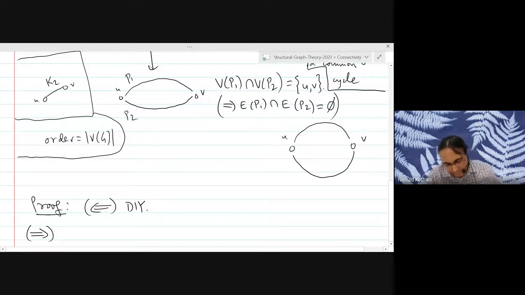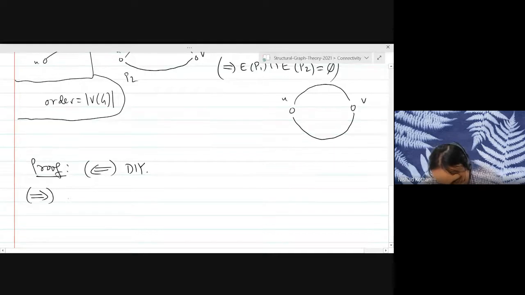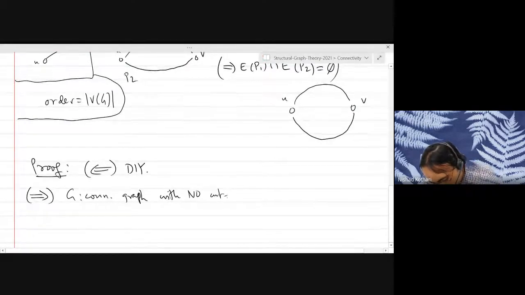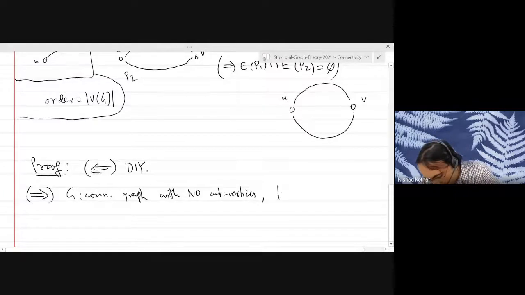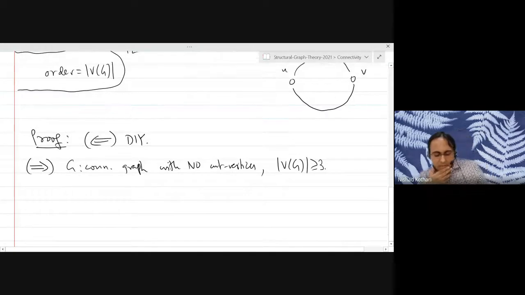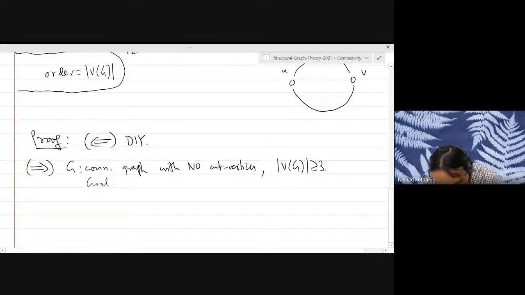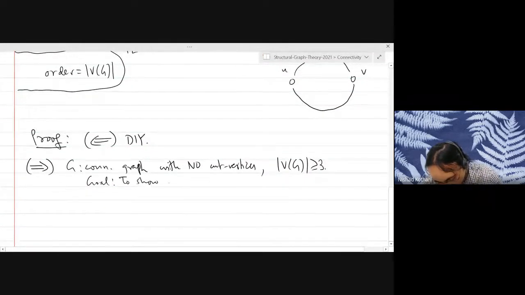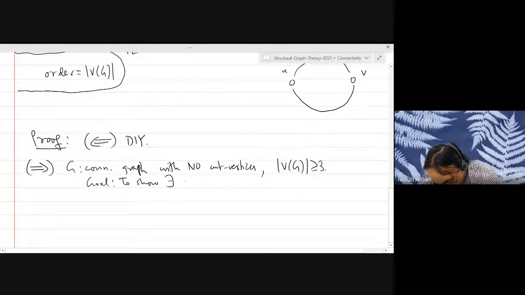Okay. So G is a connected graph with no cut vertices, and the number of vertices of G is at least 3. Okay? And our goal is to show that between any two vertices, there are at least 2 internally disjoint paths. I'll just write int disjoint to save time.